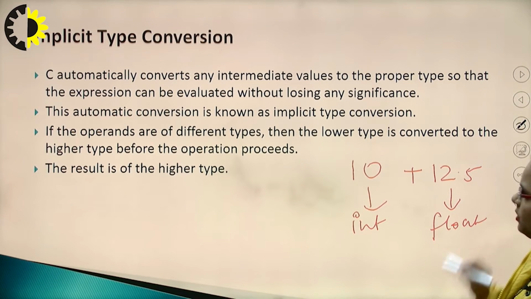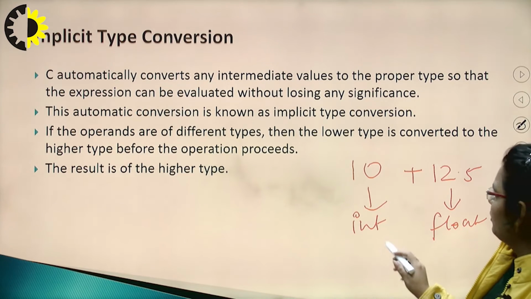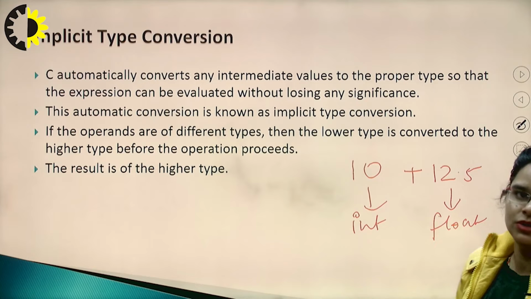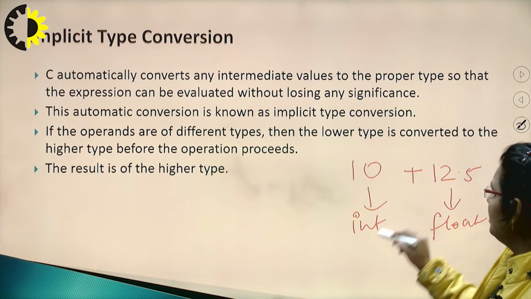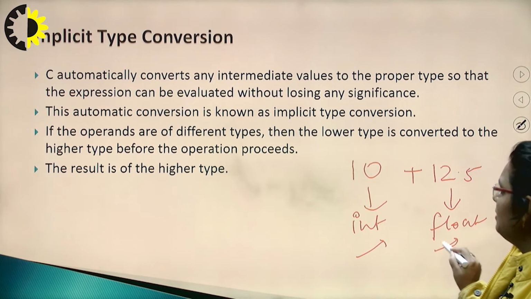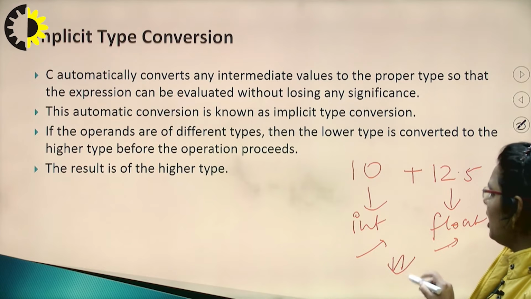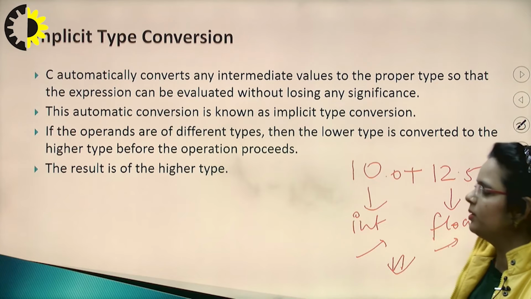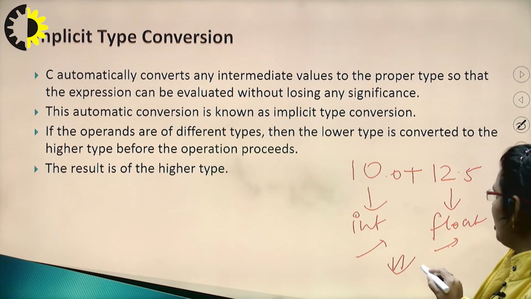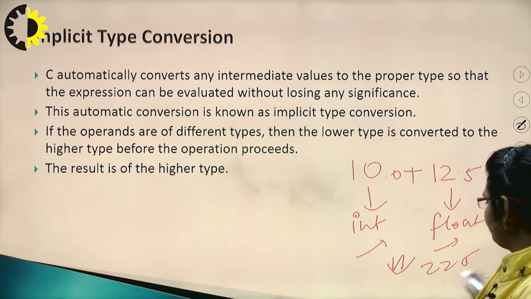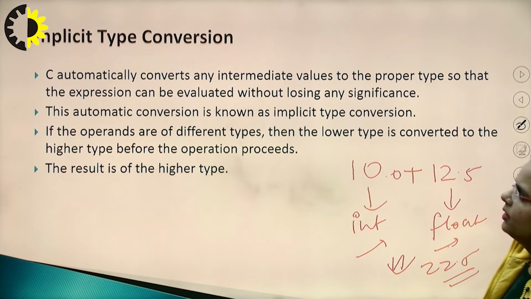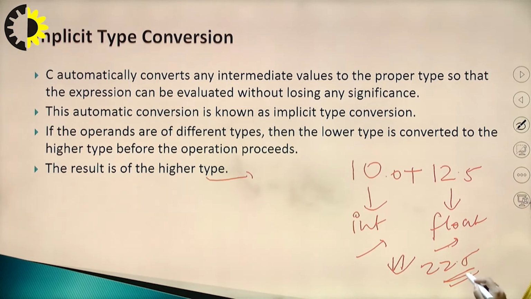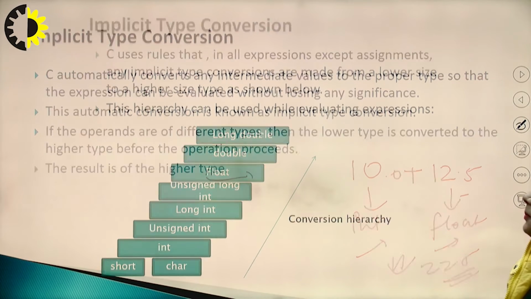These two operands are of different types, so the lower type would be converted to the higher type before the operation proceeds. Since we are adding a lower type with a higher type, our output would eventually be the higher type. Internally, 10 would be converted to a float value, it would become 10.0, and the output would be 22.5. This is how type conversion is done, and the result 22.5 is of the higher type, the float type.